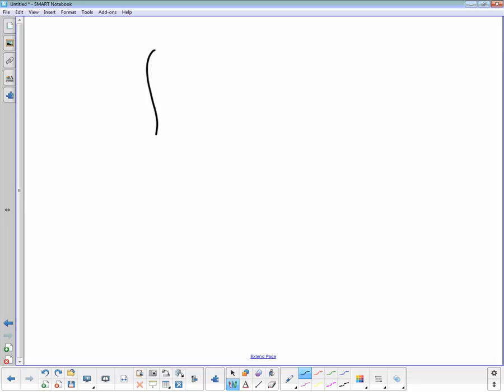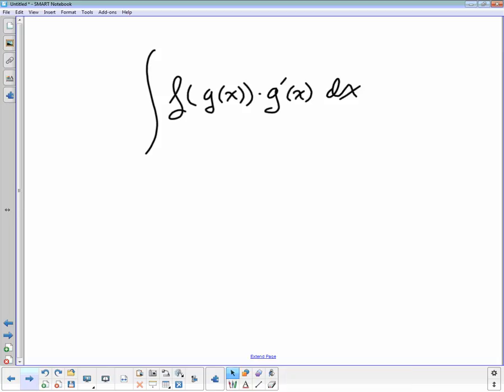The pattern you look for, this is the general pattern for u-substitution, where you have some function, and inside there we have a derivative of something else.